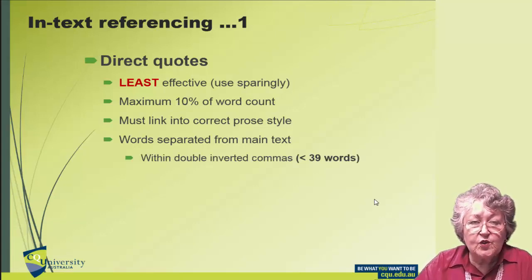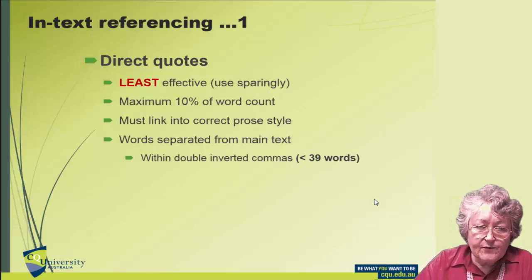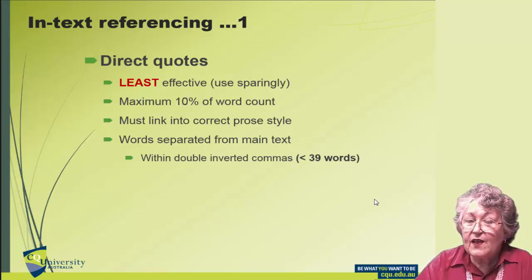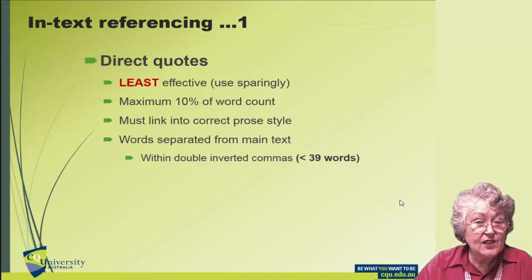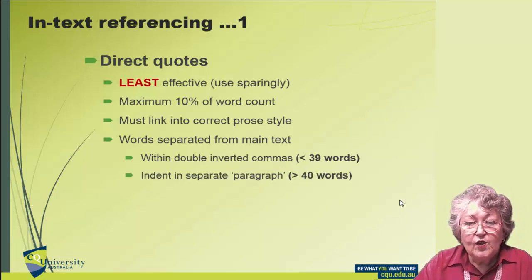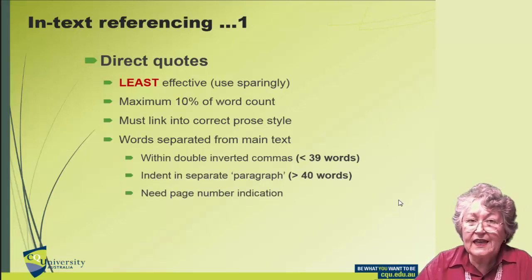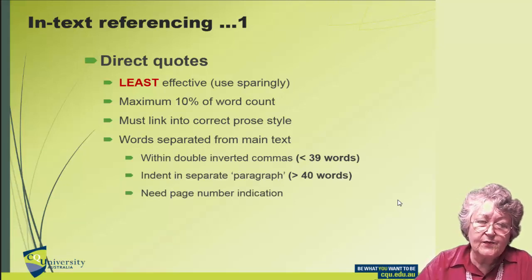And in APA, which is your referencing style, they have to go within double inverted commas if there are fewer than 39 words, and those double inverted commas mean that they actually continue with the prose of the sentence that you're writing, or you need to indent them in a separate paragraph of their own if there are more than 40 words. Both styles, regardless, need a page number identification.